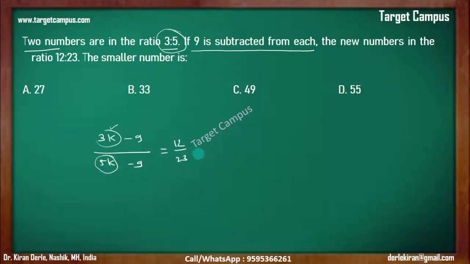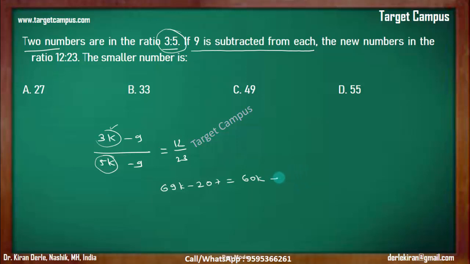So this is just the calculation part now. 23 into 3 is 69k minus 23 into 9 is 207, is equal to 12 into 5 is 60k and this is 99.